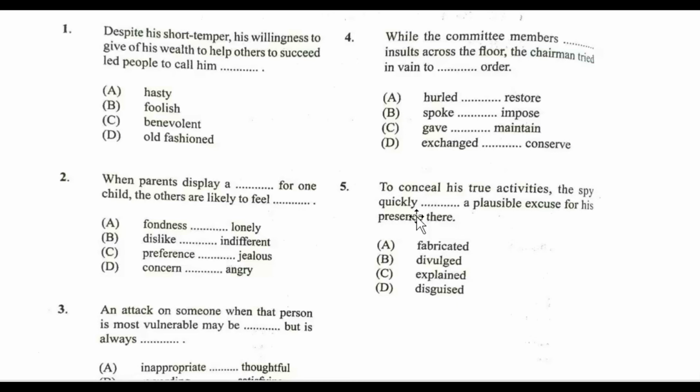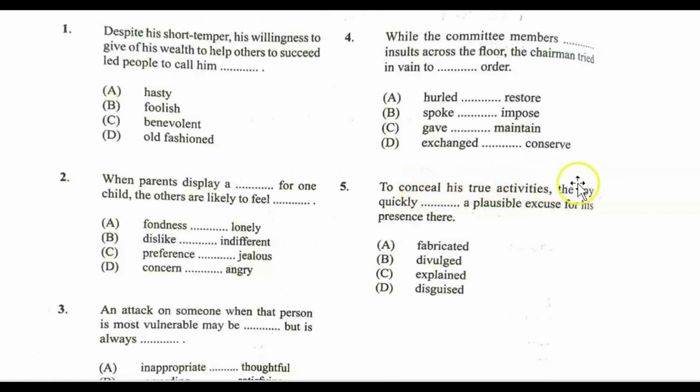Why did they say his true activities? Even if I don't know the meaning of the word conceal, I am getting the impression that whatever were his true activities, he didn't want people to know. So right away, I'm thinking to conceal his true activities means to hide his true activities, right?